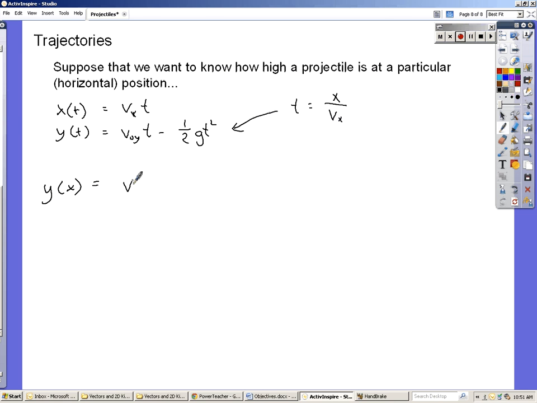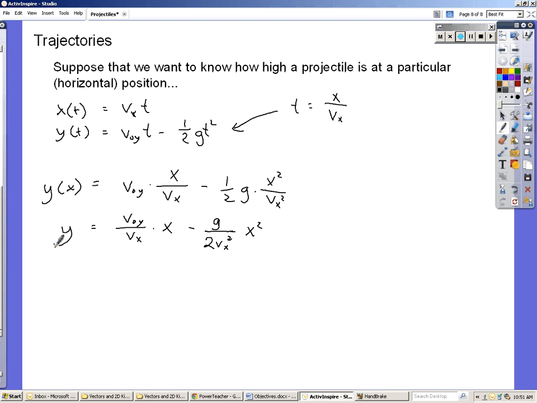So we have v naught y times x over vx minus 1/2 g times x squared over vx squared. Or cleaning it up a little bit, v naught y over vx times x minus g over 2 vx squared times x squared.